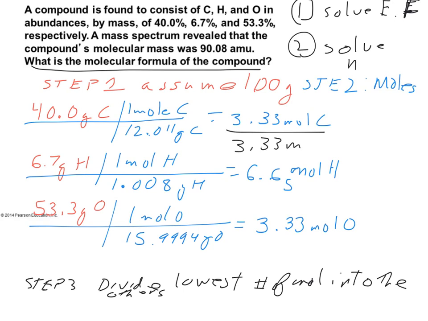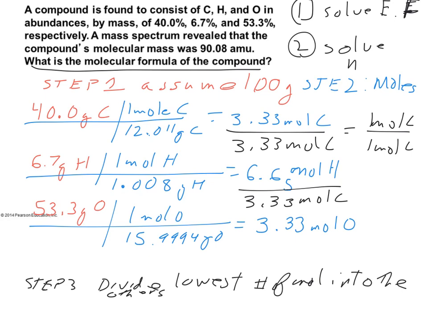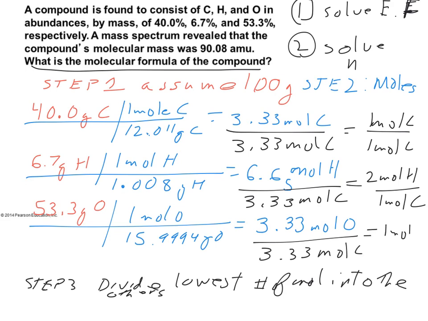3.33 moles of carbon per mole of carbon is 1 mole of carbon for 1 mole of carbon, duh. 6.6 moles of hydrogen per 3.3 moles of carbon gives me 2 moles of hydrogen per 1 mole of carbon. 3.33 moles of oxygen divided by 3.3 moles of carbon gives me 1 mole of oxygen per 1 mole of carbon.